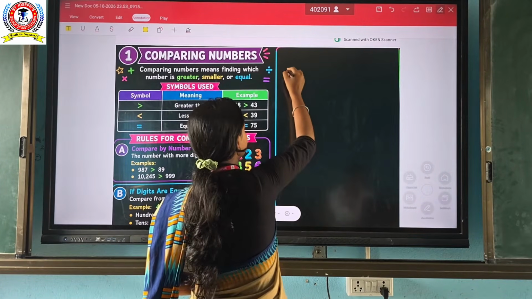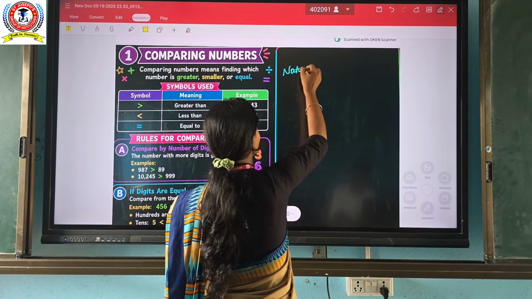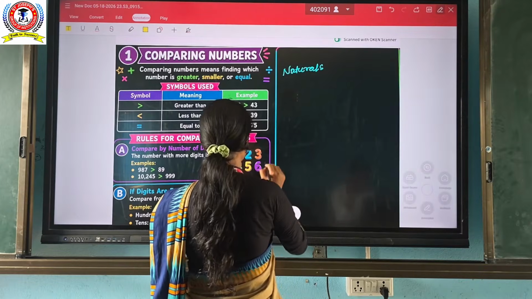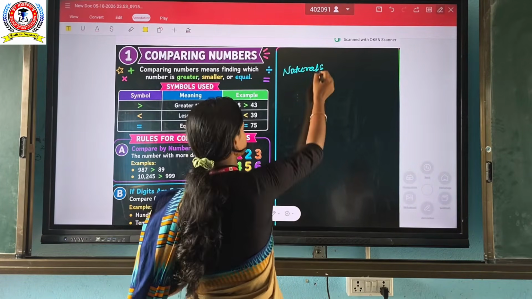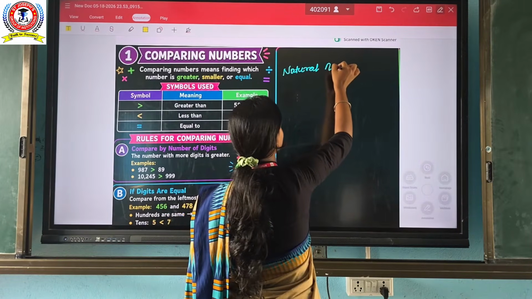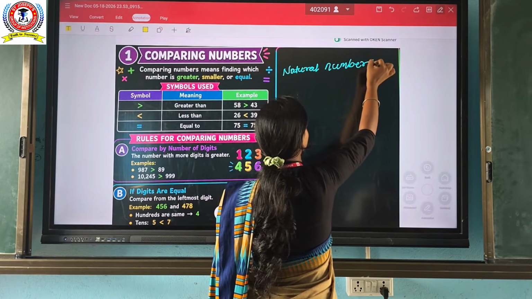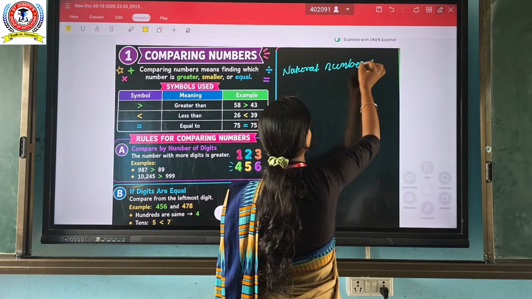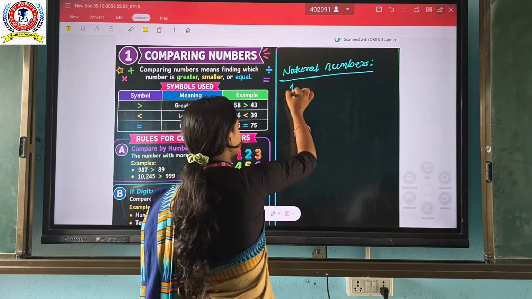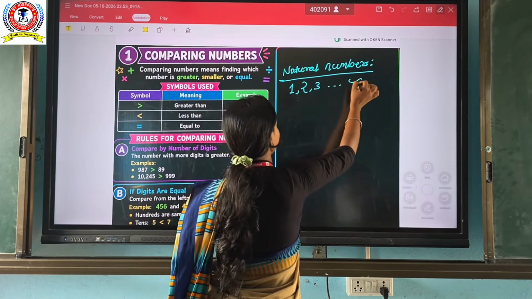Natural numbers start from 1 until up to infinity.